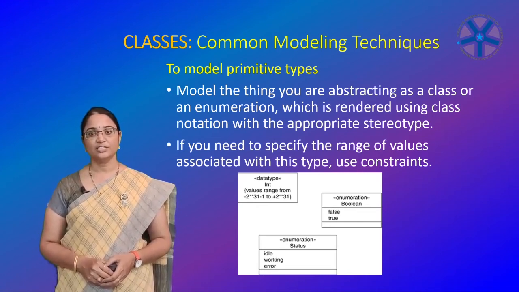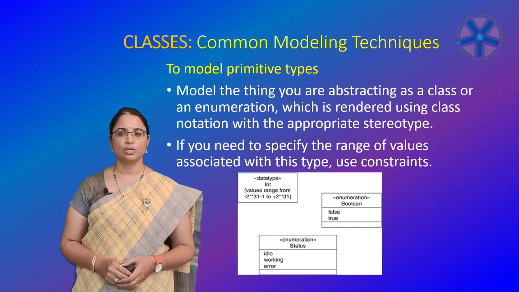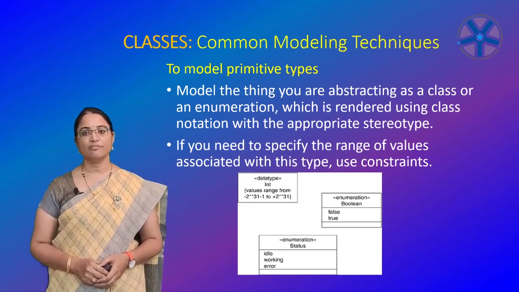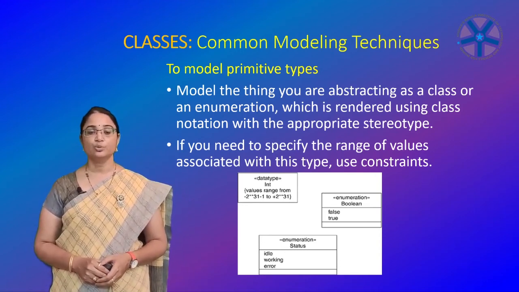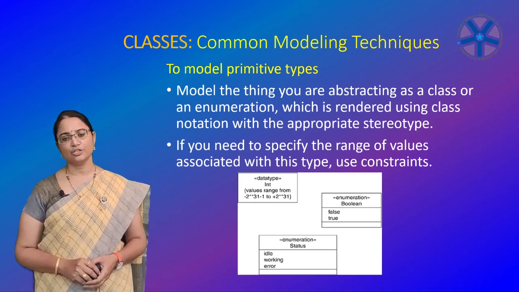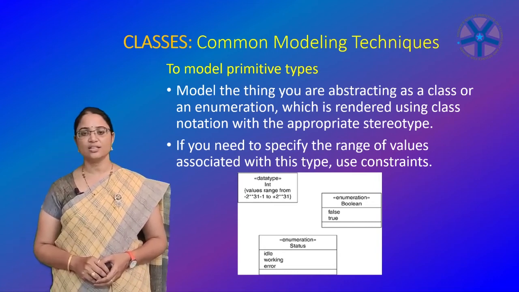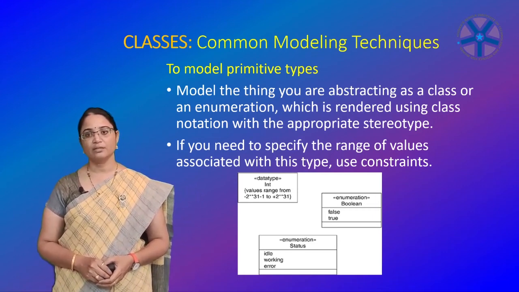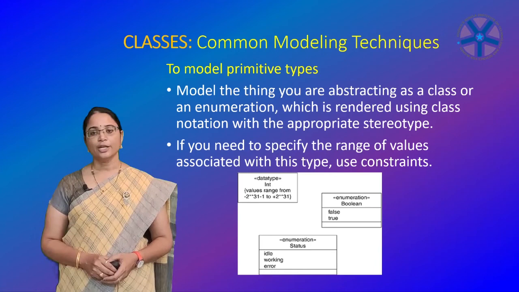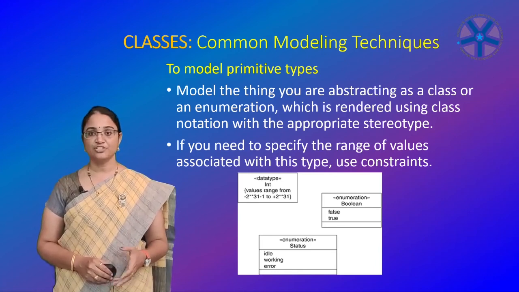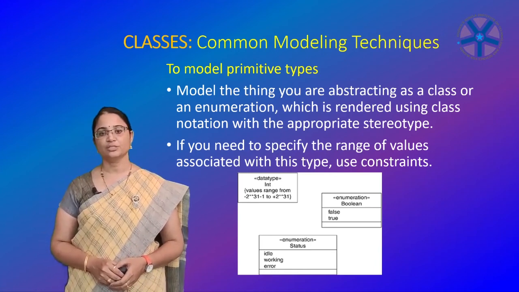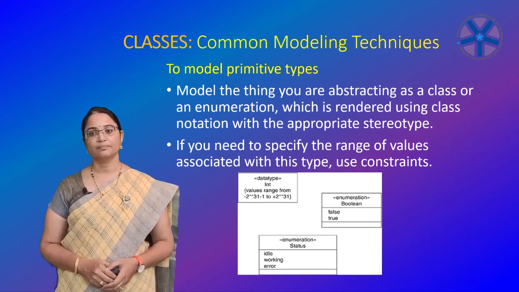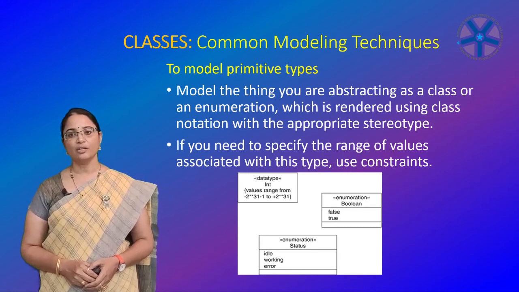Primitive types such as integers, meaning you can use a class int, are modeled as types, and you can explicitly indicate the range of values by using a constraint. If you want to specify the range of the int, you can go for the constraint. The semantics of the primitive types must be defined externally to UML. Enumeration types such as Boolean and status can be modeled as enumerations, with their individual literals listed within the attribute compartment. Enumeration types may also define operations.